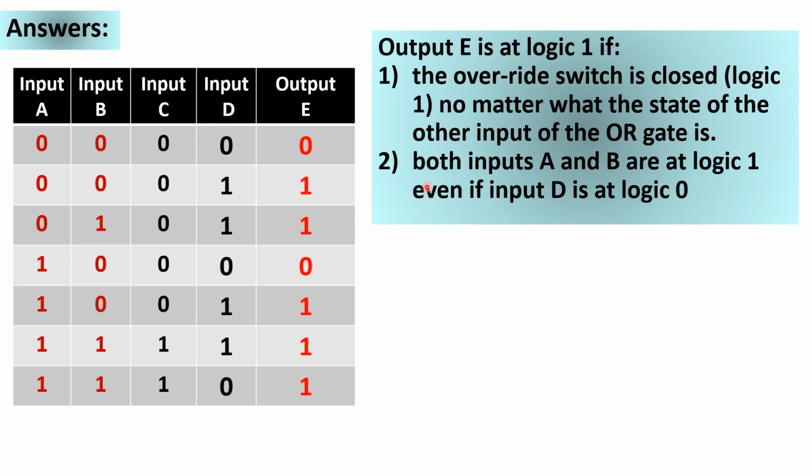And number 2, both the inputs A and B at logic 1, even if input D is at logic 0. Alright, that's the meaning of these results of our truth table.